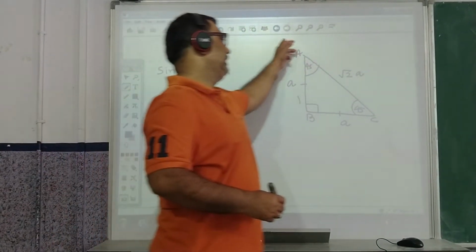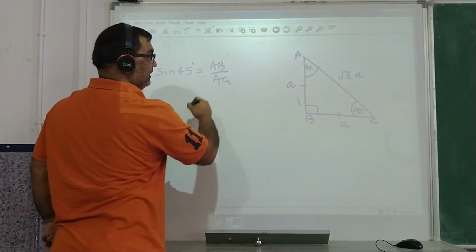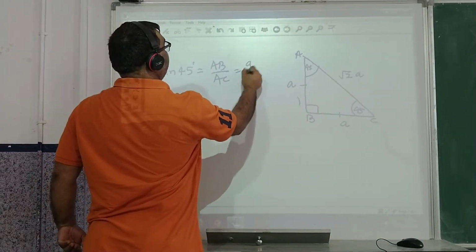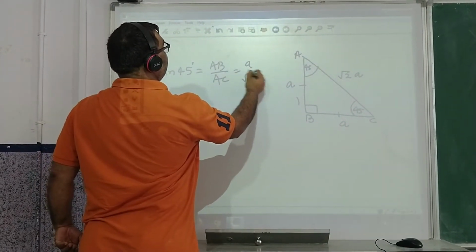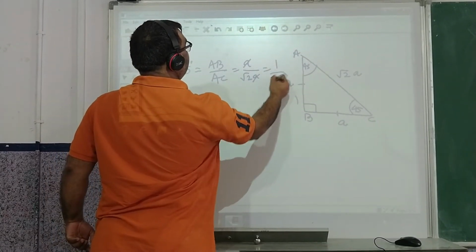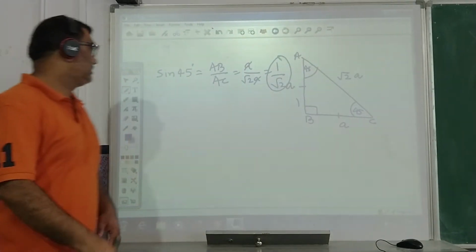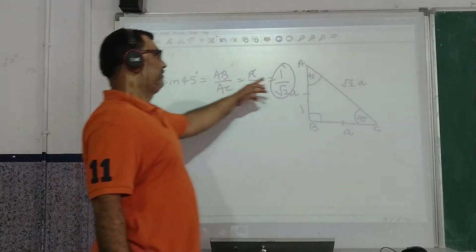H is AC. So AB by AC is what? A by root 2A. Both A cancel. So 1 by root 2 is the value of sine 45.